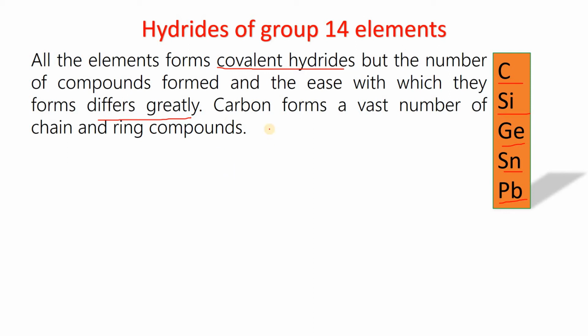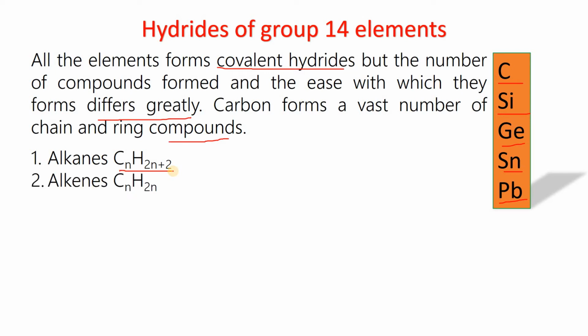As we know, carbon forms a vast number of chain and ring compounds. Number one, the very first class of compounds is the alkanes. All the carbon-carbon bonds are single bonds, along with carbon-hydrogen bonds. The general formula is CnH2n+2.